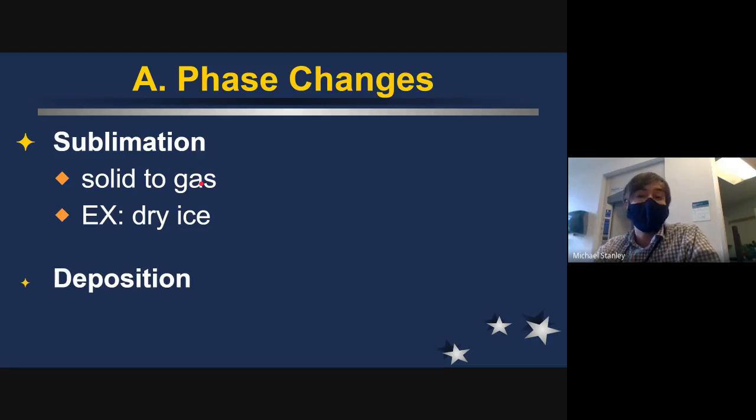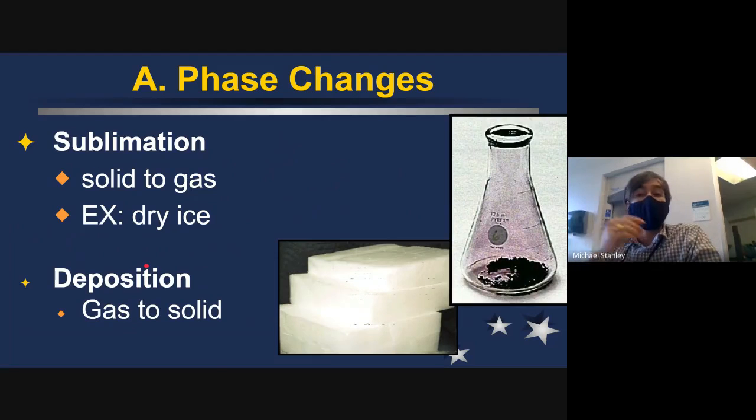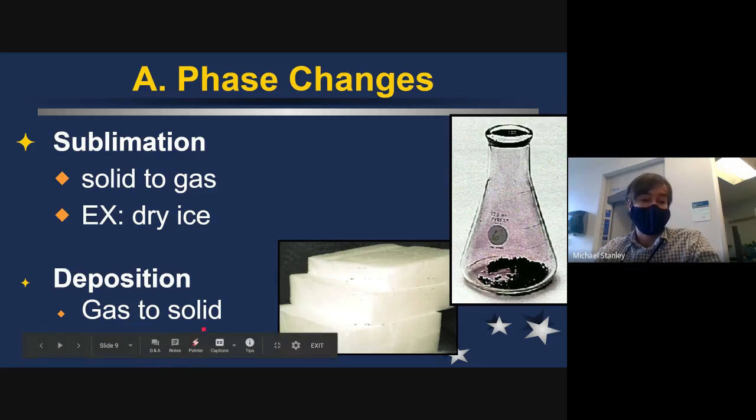You can also have this happen in the other direction, where we call it deposition, where you cool down a gas extremely quickly and it skips the liquid step entirely and goes directly to being a solid. So these two guys are a little less common.